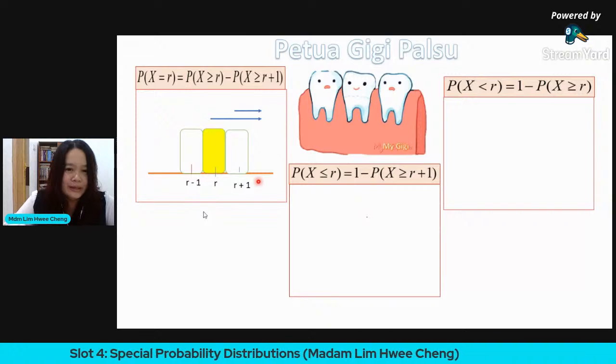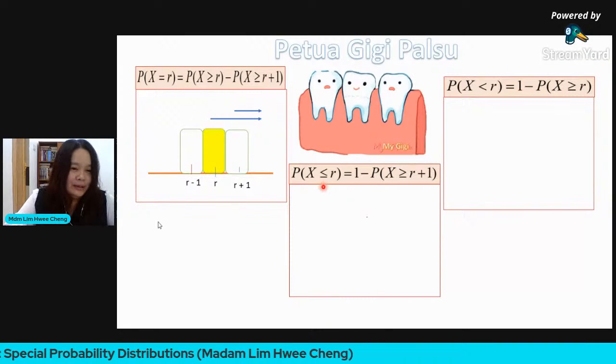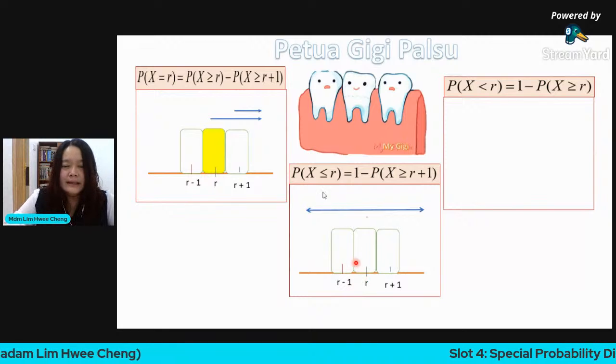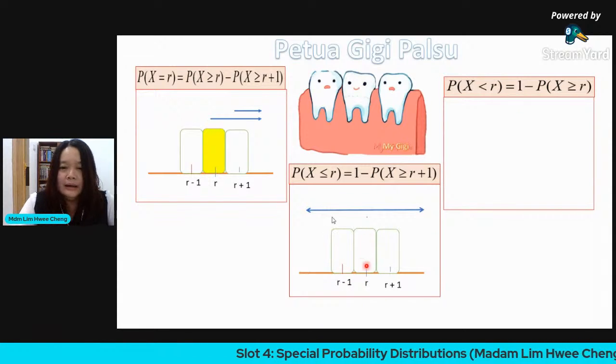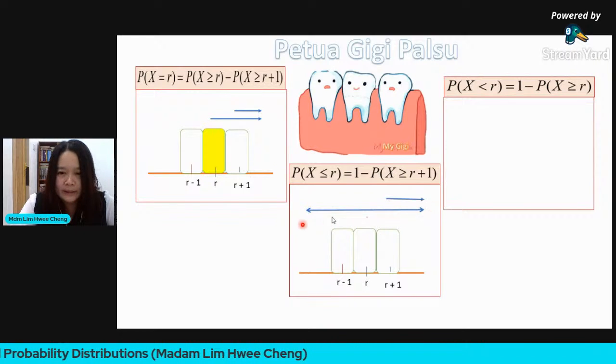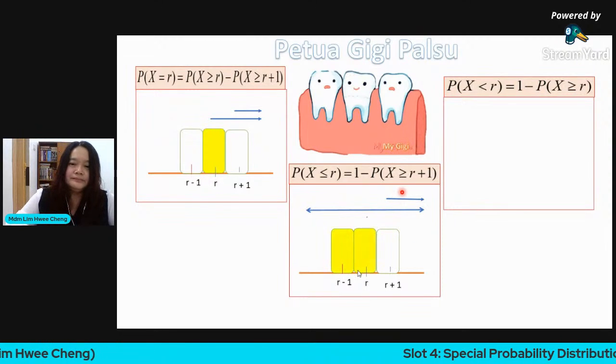You just draw your gigi and label it in ascending order. For the second formula, X less or equal than r, I use 1 for the whole gigi, and subtract the probability of X greater or equal than r plus 1. Okay, very easy.